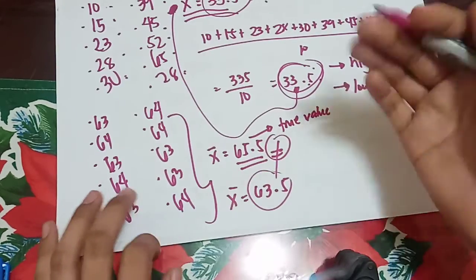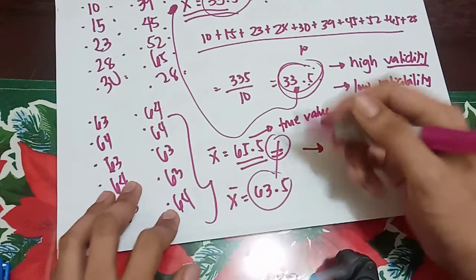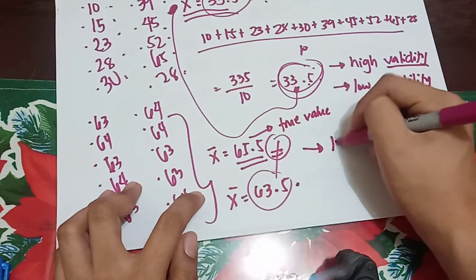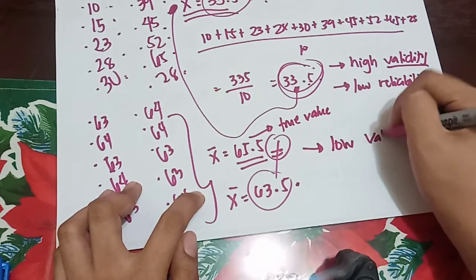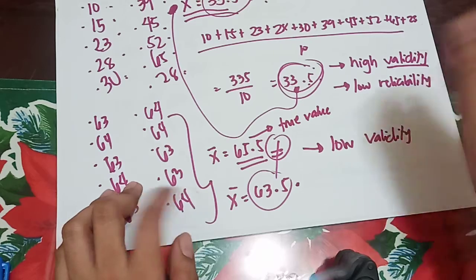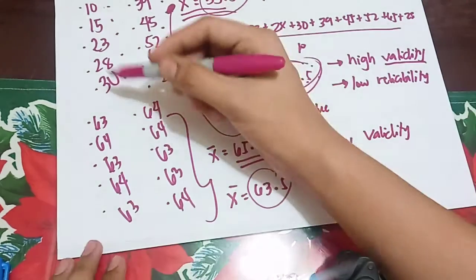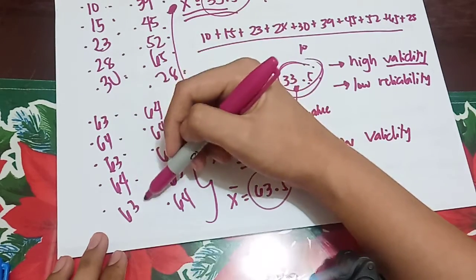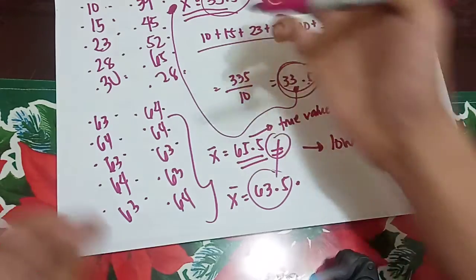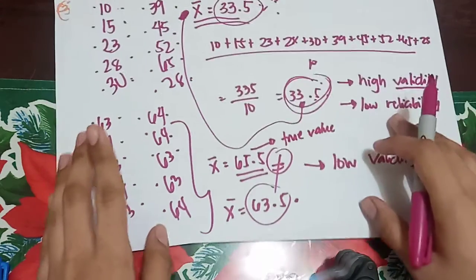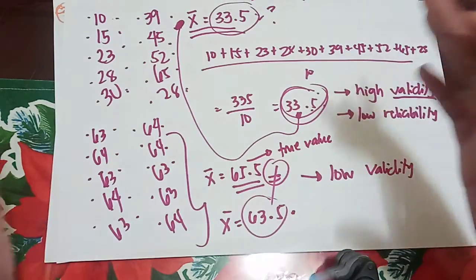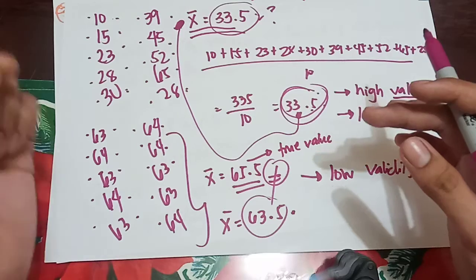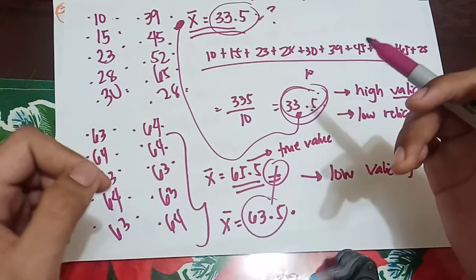So, what do we mean by that? It is not correct. It has low validity. However, if we look at the values, there is a very small range, ranging from 63 to 64 only.